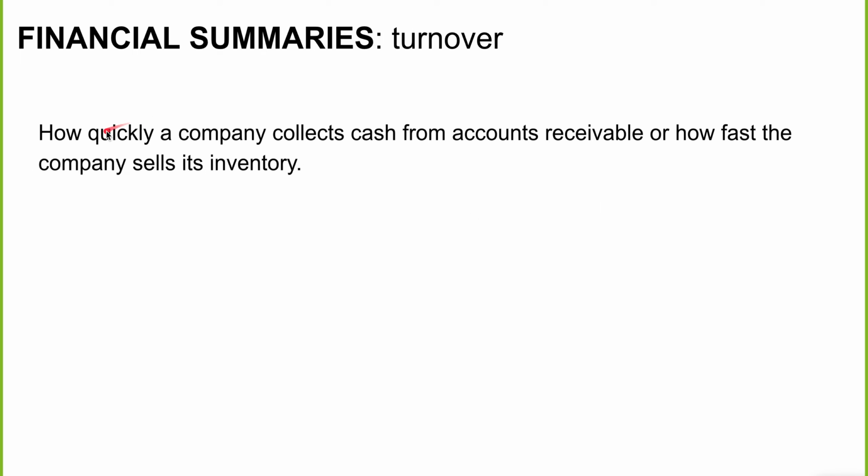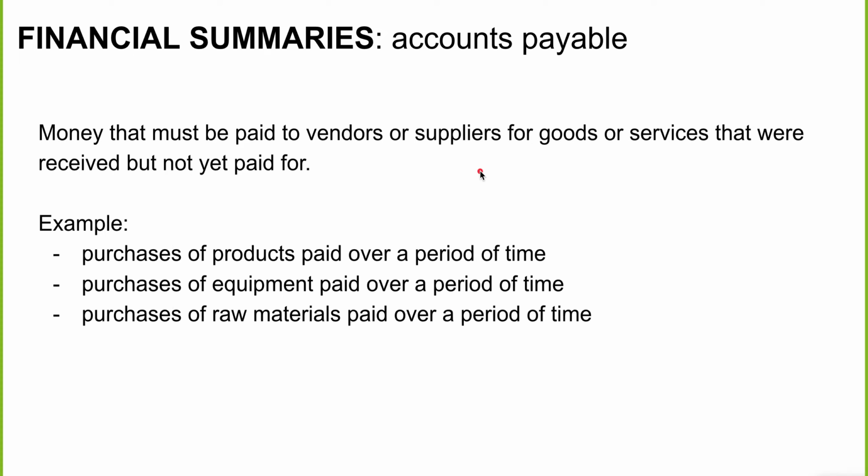The turnover is how quickly a company collects cash from accounts receivable or how fast the company sells its inventory. We'll talk about accounts receivable in just a bit. Then we have accounts payable. Accounts payable, that is money that must be paid to vendors or suppliers for goods or services that were received but not yet paid for.